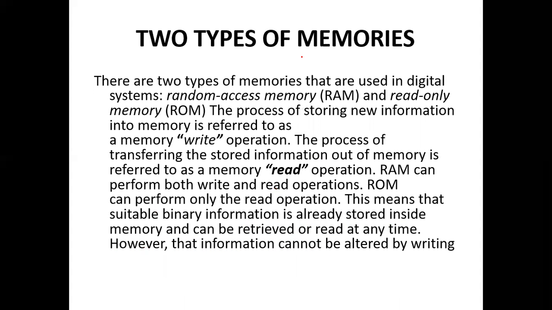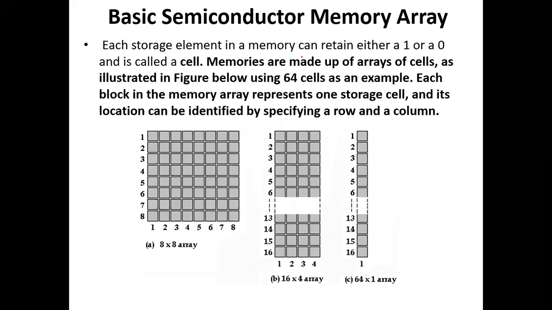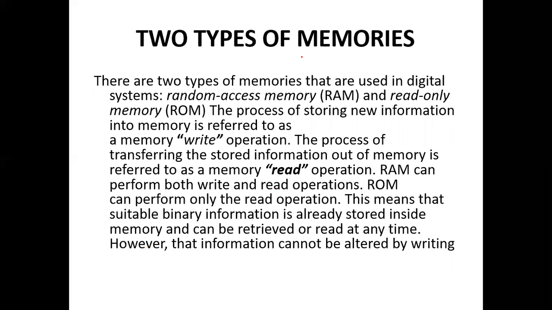There are two types of memory. One is random access memory, another one is read only memory. The process of storing information into the memory is referred to as the memory write operation.